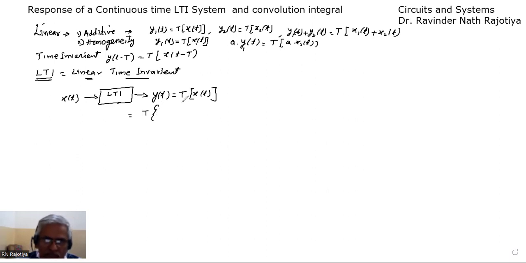So I can express this as the integral from minus infinity to plus infinity of x of tau into delta of t minus tau d tau.